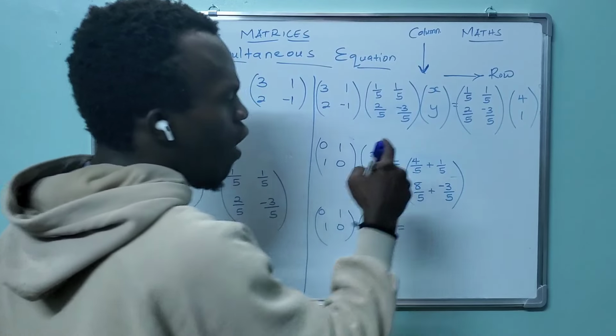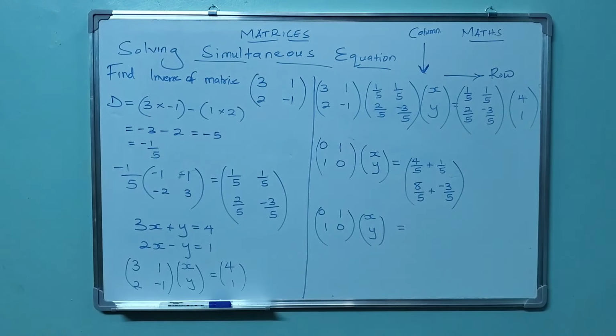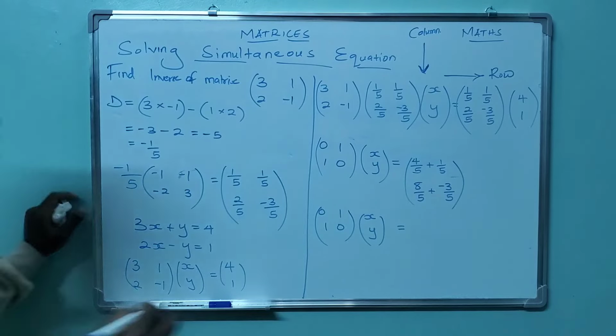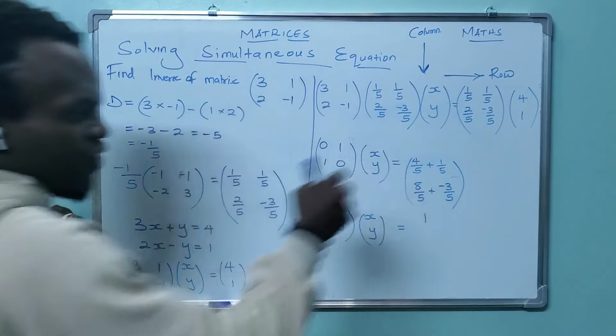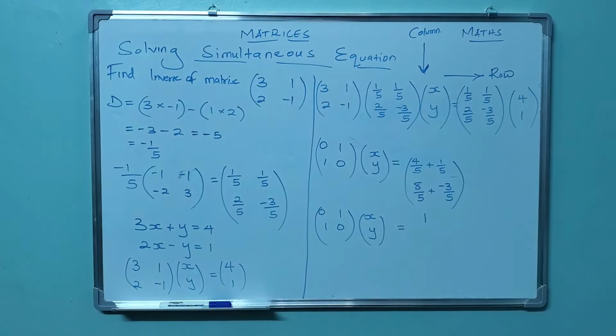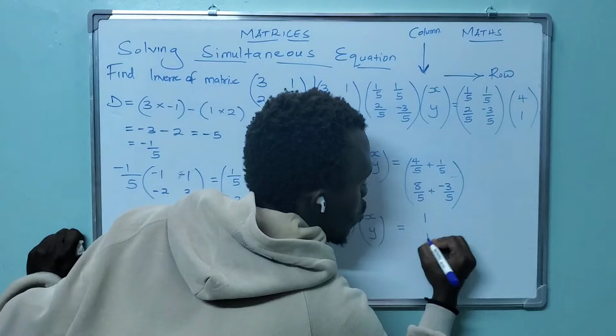Being equals to 4 over 5 plus 1 over 5. That is going to be 5 over 5, that is 1. Then on the lower row, we are going to have 8 over 5 plus negative 3 over 5. That is going to be 5 over 5, which is also going to be 1.